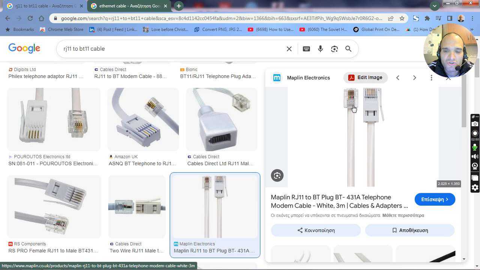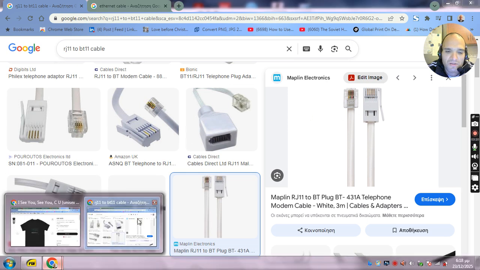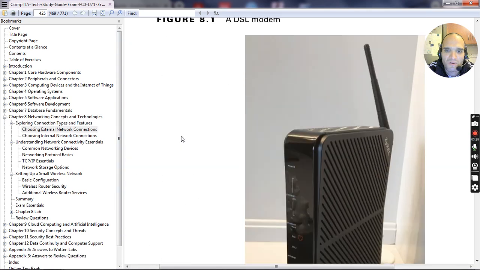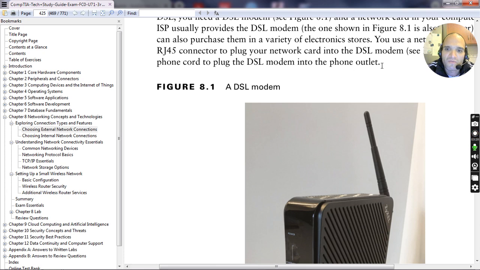This is the RJ11 side, and this is the BT11 side. So this side is connected to our modem, and this side is connected to the phone wall outlet, or else, let me see, yes, to the phone outlet of the wall.